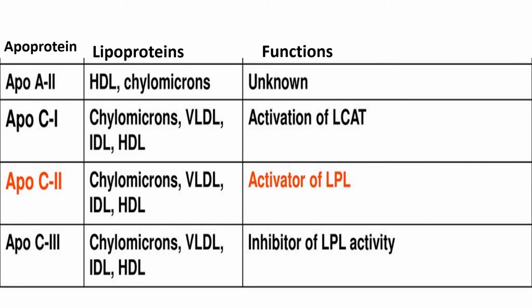Now you can see here that chylomicrons, VLDL, IDL all have a high TAG content, and the substrate for lipoprotein lipase is TAG. So ApoC2 is an activator of lipoprotein lipase. ApoC1 and ApoA1 are activators of the LCAT enzyme. And ApoC3 is an inhibitor of the lipoprotein lipase enzyme.